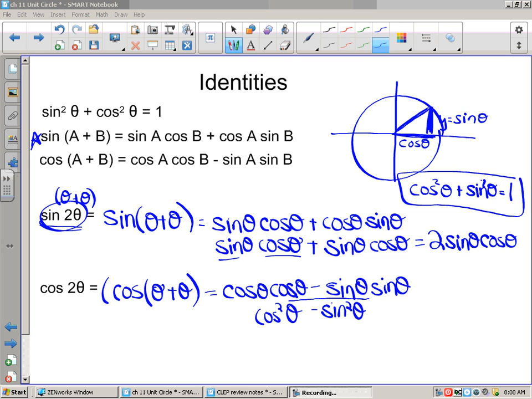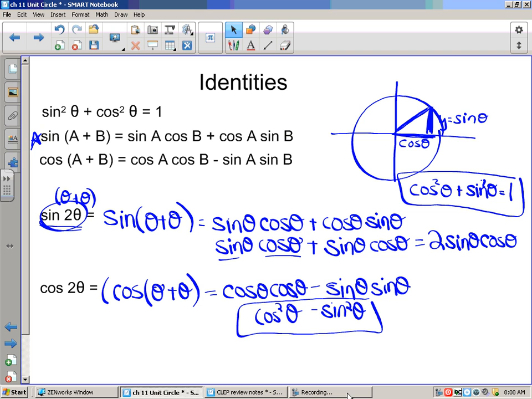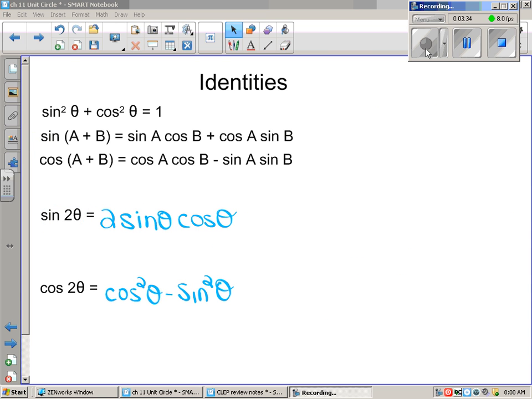So this one looks a little bit different: cosine squared theta minus sine squared theta. So what did we find out here? We basically found out two more identities. Sine 2 theta equals 2 sine theta cosine theta, and cosine 2 theta equals cosine squared theta minus sine squared theta.